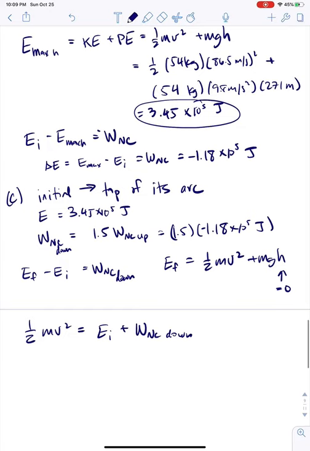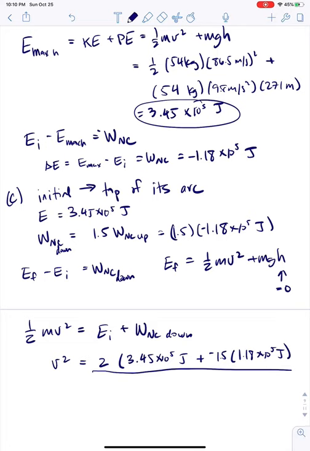So V squared is 2 times 3.45 times 10 to the 5th joules plus we have 1.5 times 1.18 times 10 to the 5th joules over our mass, which is 54 kilograms.